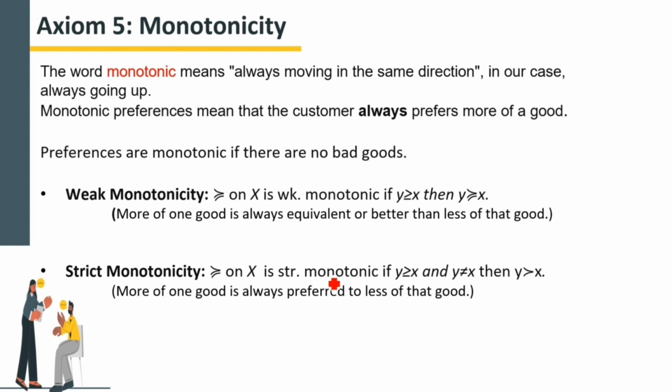So we have two kinds of monotonicity, which are weak monotonicity and strict monotonicity.